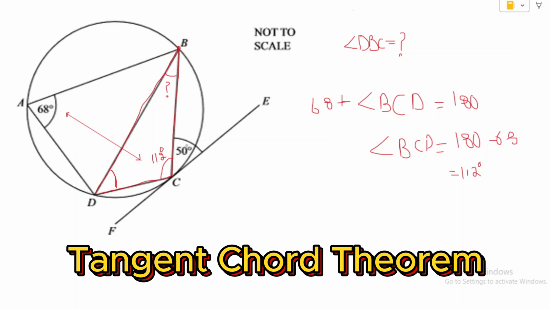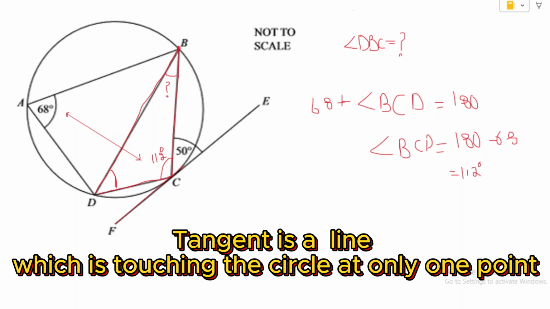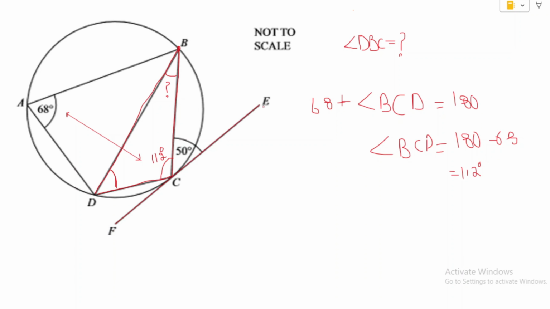What's a tangent? A tangent is a line which is touching the circle at only one point. Now you can see this line EF is touching the circle at the point C. So it means it's a tangent to the circle. And this line BC, that's the chord. The point where this tangent touches the circle and one end of the chord are the same.